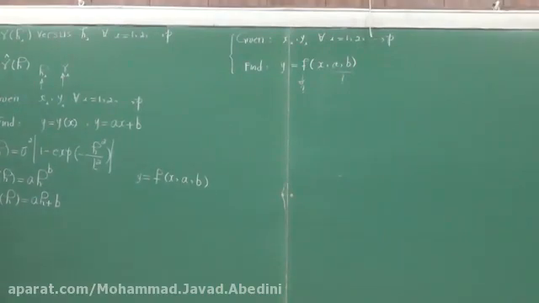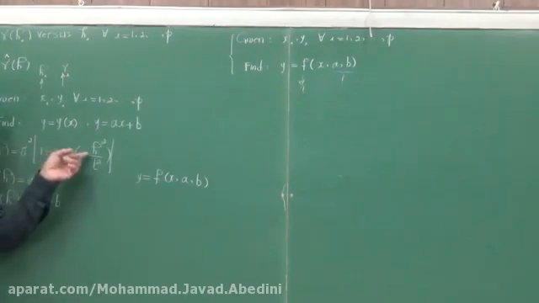Now, I have to have another definition here, and this definition has to do with the nature of the variogram. If you increase this separation distance, if you put this h equal to infinity, what will happen?